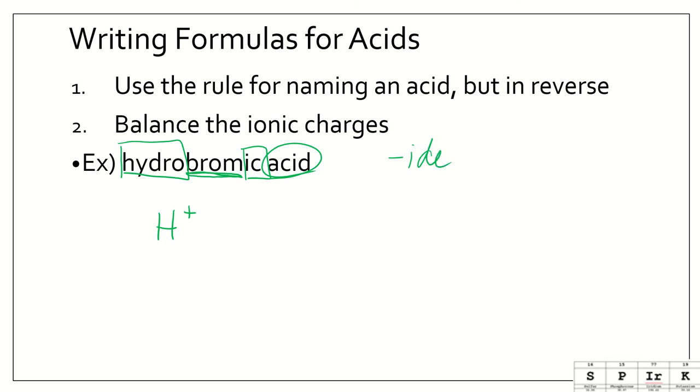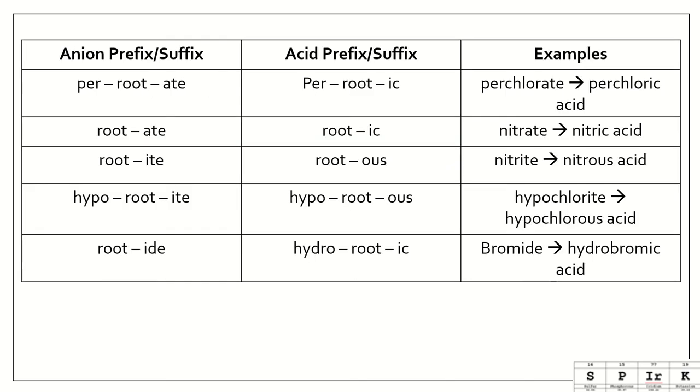So our anion must be bromide, which is Br-. So the formula of this acid is going to be HBr, because we just crisscrossed our charges. So we really have to know the rules so that we can tear apart those words and break it down.